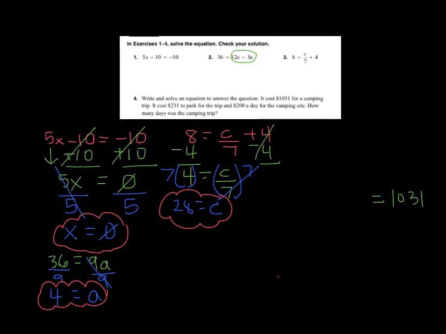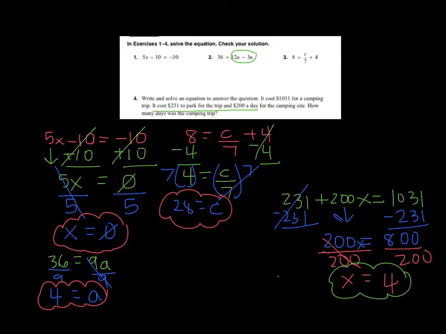So I know that that's what my equation should equal. They also told me that it was $231 to park and then plus an additional $200 per day. So if it's $231 to park plus $200 each day, that 200x comes from the $200 a day. So here's my equation. Go ahead and pause and see if you can solve that.